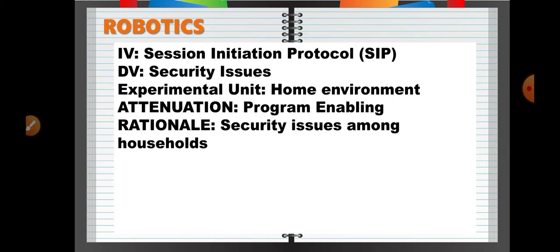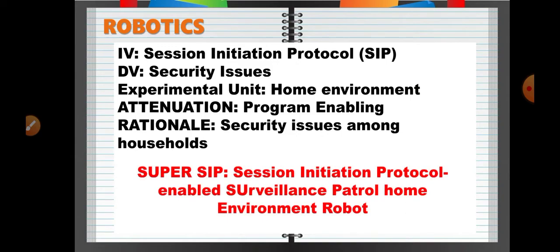So security issues of the home environment. And our attenuation process is to enable the program. Program enabling of SIP or session initiation protocol. And our rationale is that there are security issues among households. So therefore, we can formulate a title for robotics. A study for robotics entitled Super SIP: Session Initiated Protocol Enabled Surveillance Patrol Home Environment Robot.